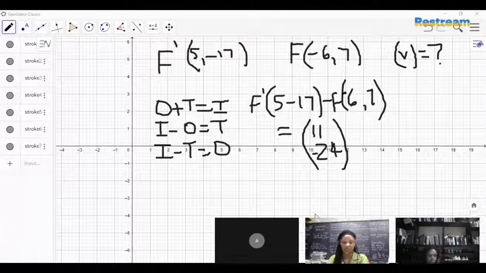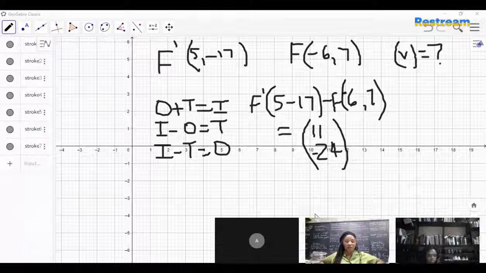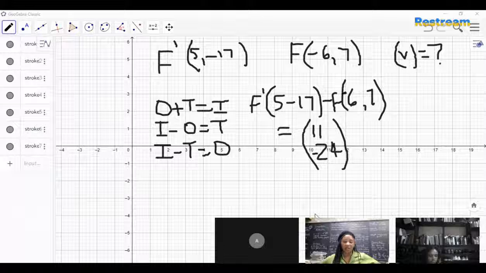Where they're not using graphs, they're just giving you some points or the vector. So remember, the object plus the translation gives the image. Therefore, image minus the object gives the translation, and image minus the translation gives the object.